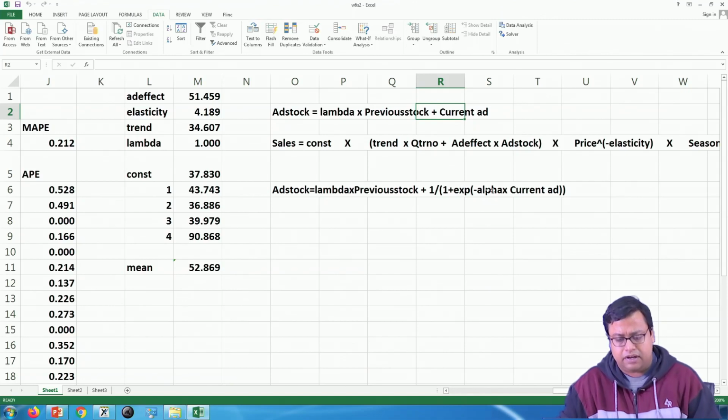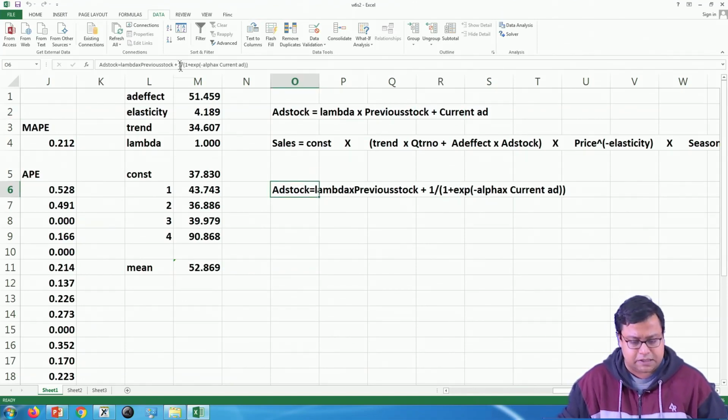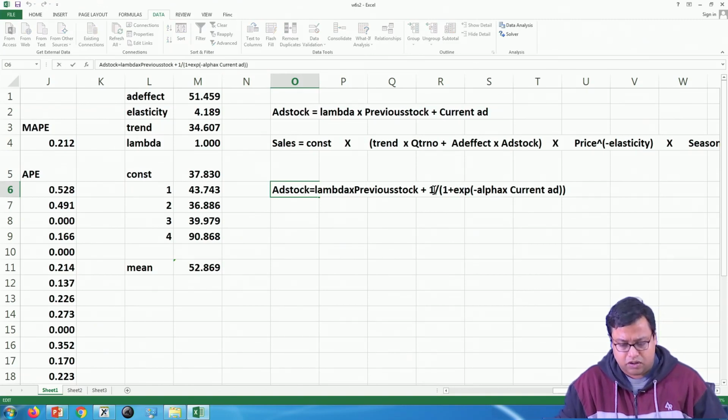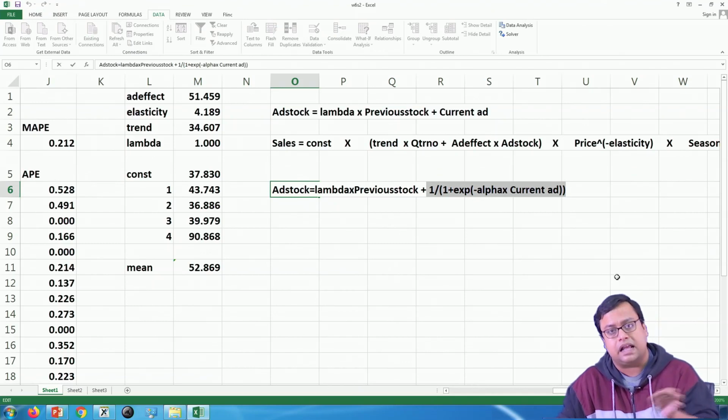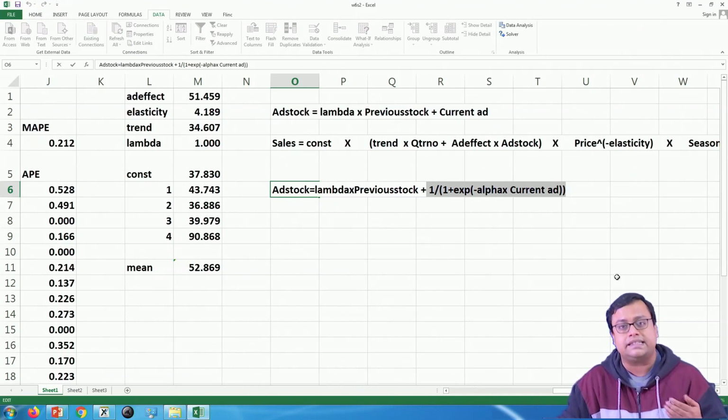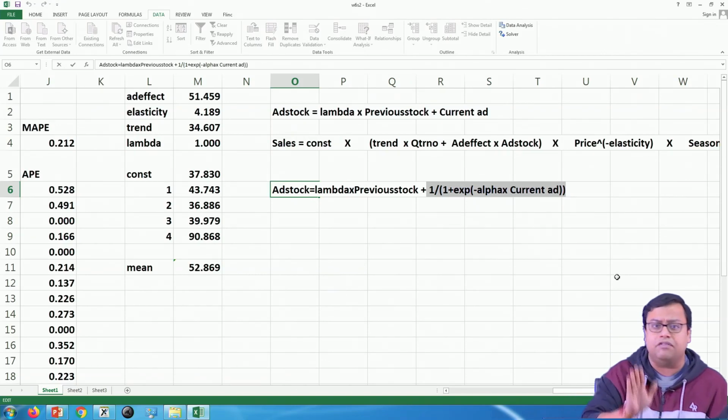To take that into account, we are introducing a logistic function. So, here if you see, this part is actually a logistic function, where 1 by 1 plus e to the power minus alpha into ad spend, and we are estimating one more parameter. I can just put one more parameter alpha, and then I can estimate it, and I can try to solve this. This is something that I will not do.